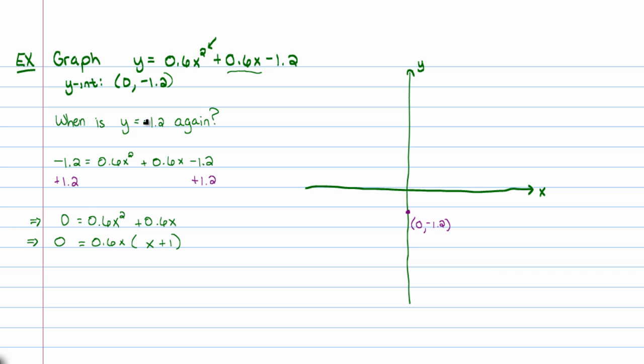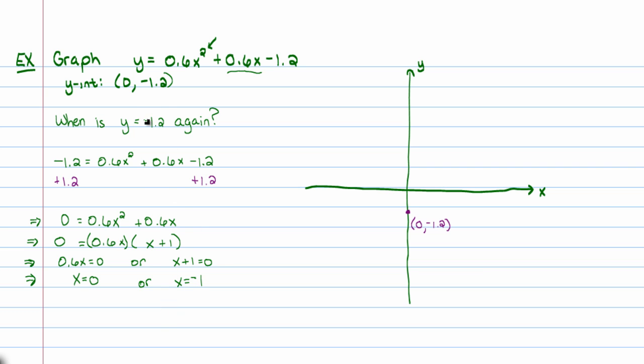So the answer to this question, when are we at a height of -1.2? Well, I have two objects that are multiplying to be 0, which means either the first object is 0 or the second object is 0, which implies that either x is equal to 0 or x is equal to -1.